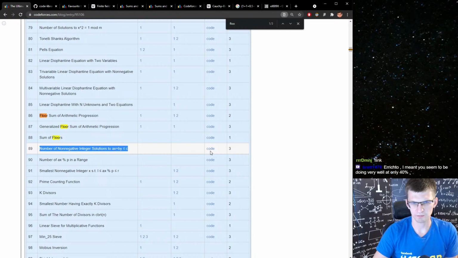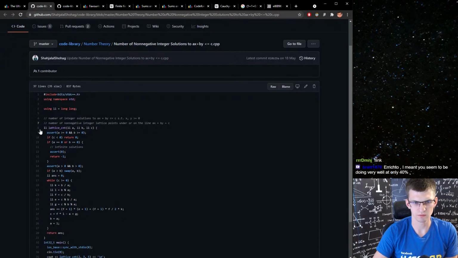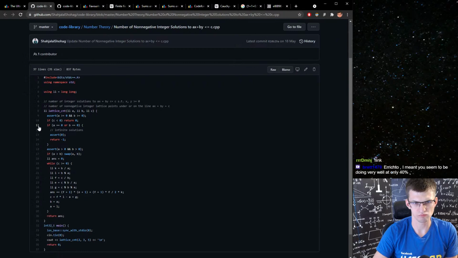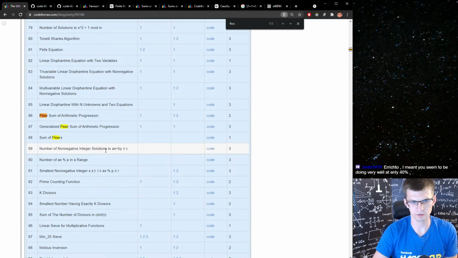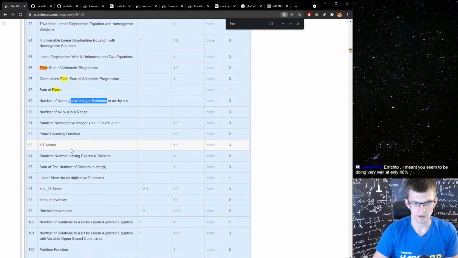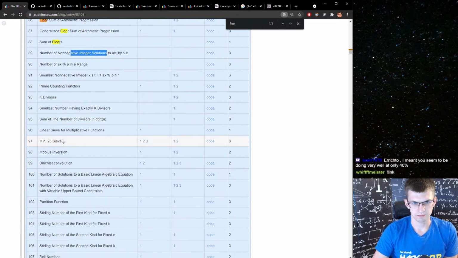This is some extended GCD. Integer lattice points. Oh, I think I needed to solve such a problem once. This is the recent thing, right?